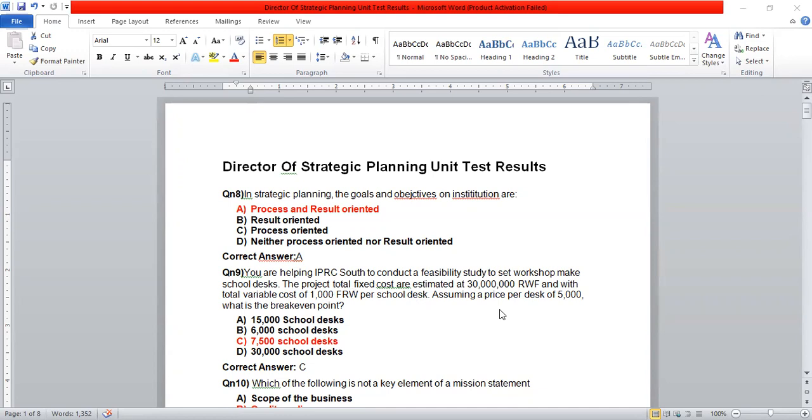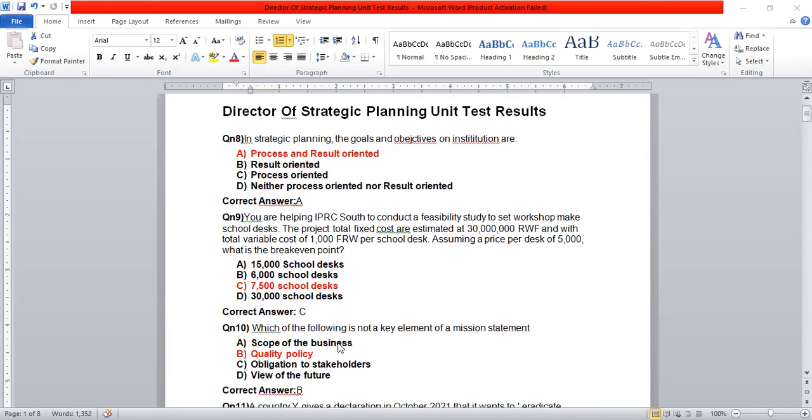Assuming a price per desk of 5, what is the break-even point? The break-even point for this question is 7,500.